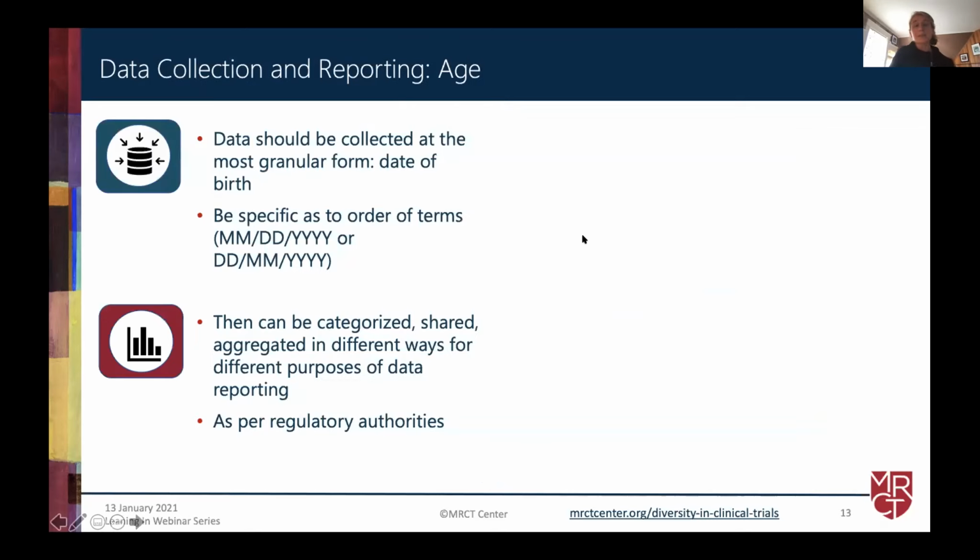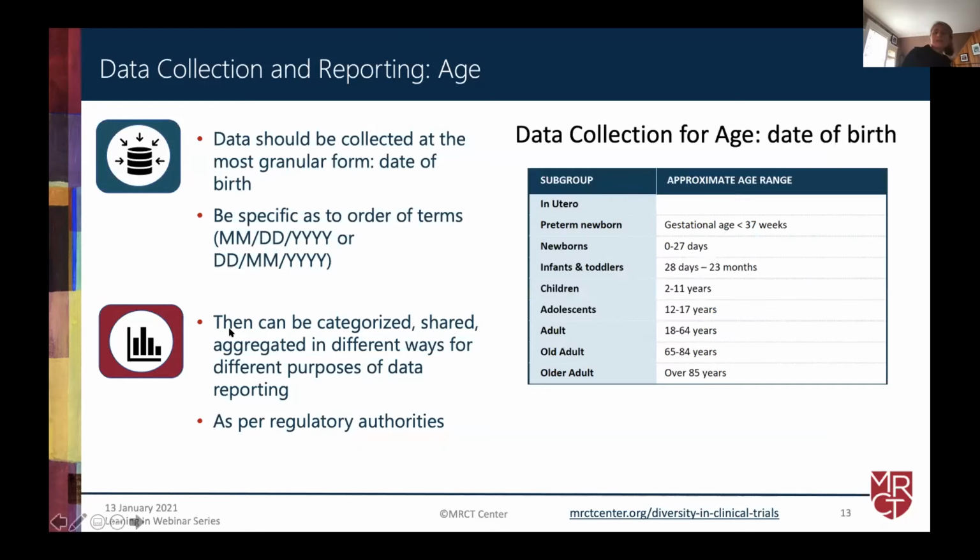And let's think a little bit more about age, because it's a very simple example. Age is a continuous variable and should be collected as date of birth when possible, although there are a number of countries that only allow you to collect age. Laura, if you can click once. Depending on the disease or intervention, age can be categorized, and is categorized generally, with greater granularity at either end of the age spectrum.